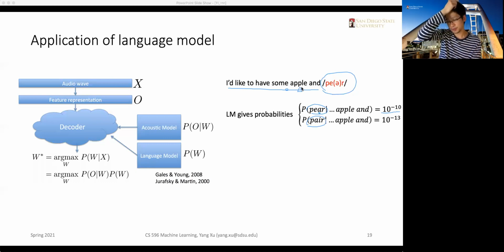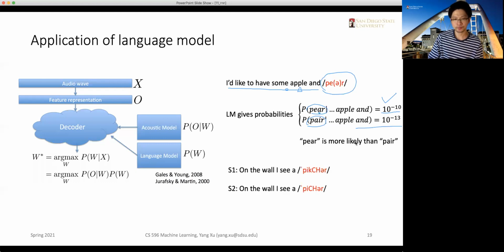And the probability of the whole sentence would be more likely than the second example. So in this case, the language model is helping the speech recognition to disambiguate among multiple candidate outputs, right?